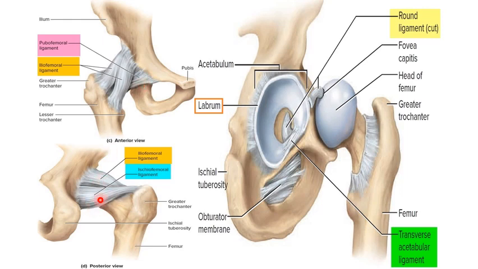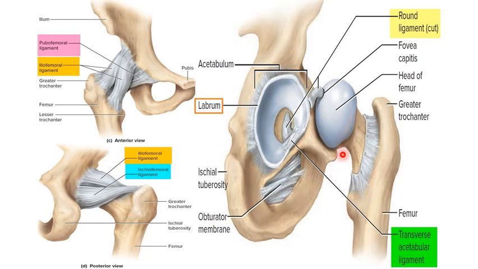And this is the ischiofemoral ligament, attached from the ischium part of the hip bone to the femur, and is posterior to the joint. These are the extracapsular ligaments.